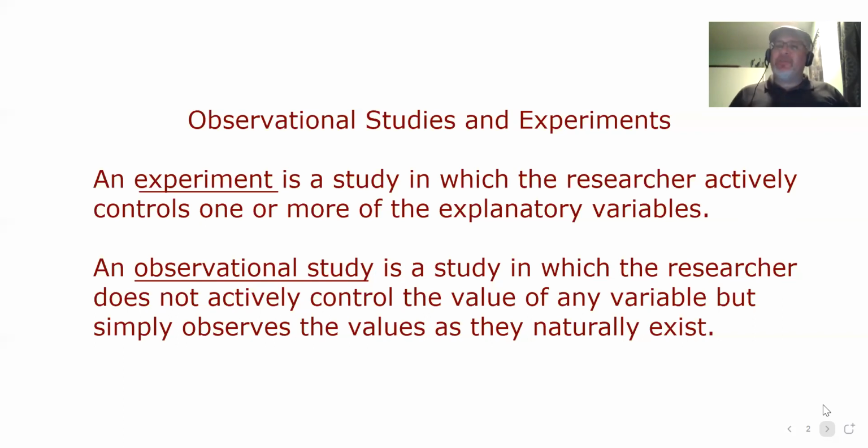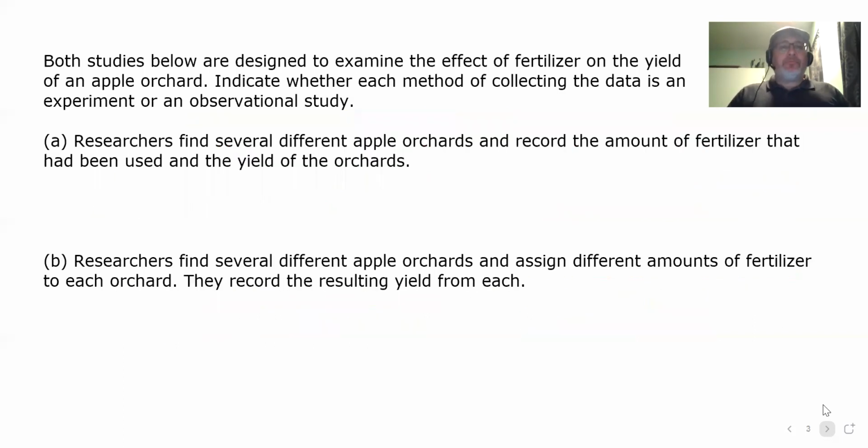Let's take a look at a couple of examples. Both studies below are designed to examine the effect of fertilizer on the yield of an apple orchard. Indicate whether each method of collecting data is an experiment or an observational study.